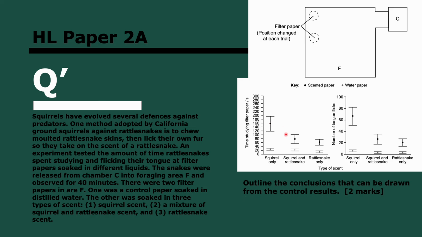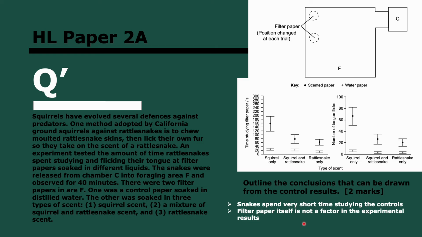Okay. So the next question is outline the conclusions that can be drawn from the control results. In 3, 2, and 1. And it's that snakes spend a very short amount of time studying the controls. So you can see the controls here, in gray, and it's very, very short in all three compared to the real scents.